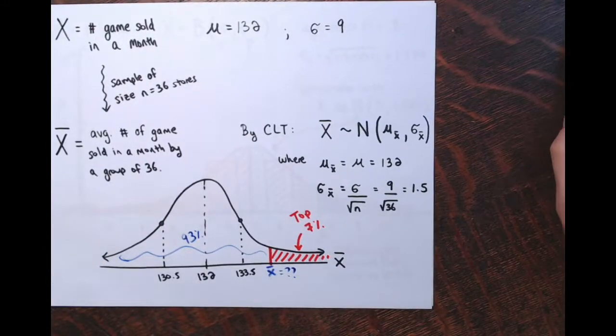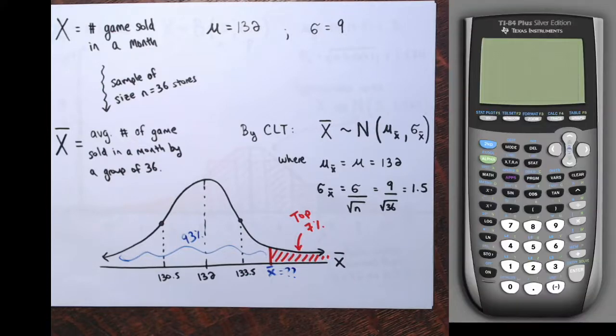So I go to the calculator, and again, if we're given an area like I am here, and we want a value on the number line, that's using that inverse norm. So let's clear all this. Remember, go to second, distributions, and then the third one down, inverse norm. This is if I know an area and I want a value on the number line.